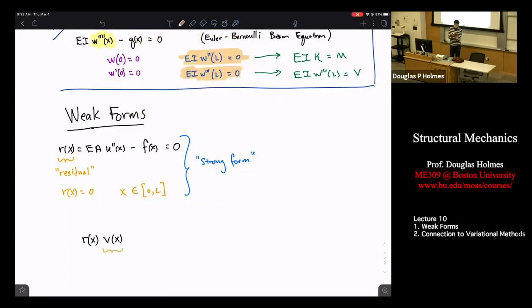And we're going to give this thing a name. We're going to call it the test function. It's also called the weight function.